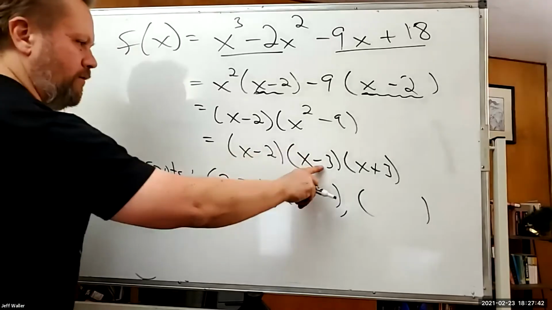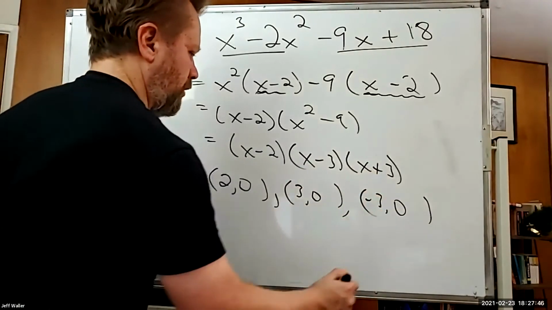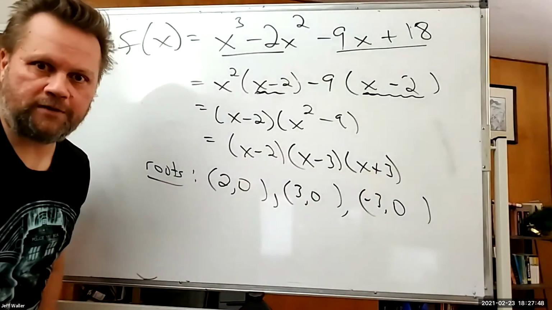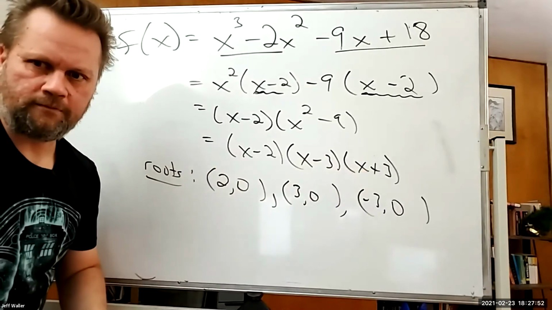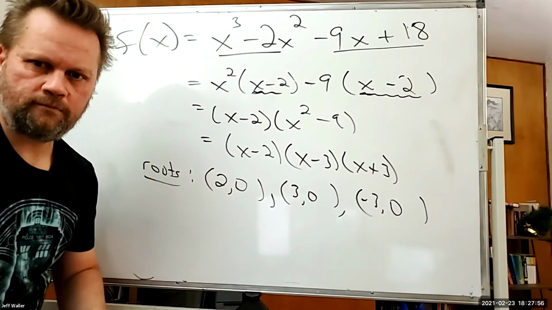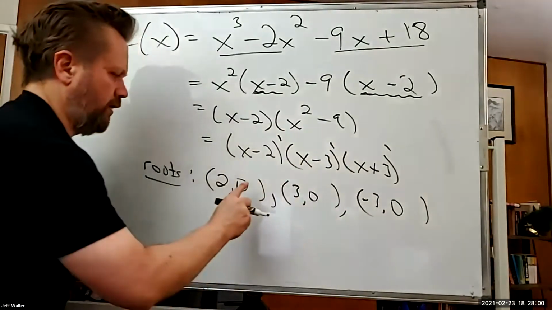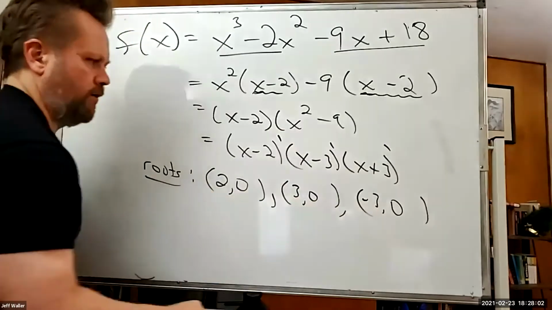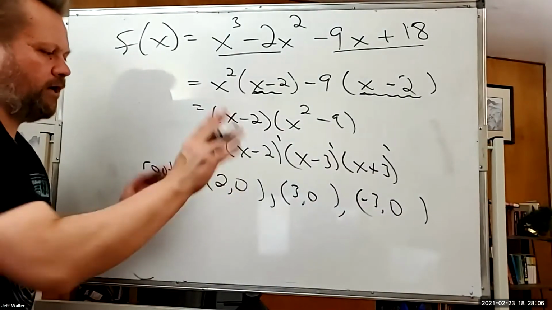Yeah. And then you got 3, 0 and negative 2, 0. And what are the multiplicities of each of those? 1. Yeah, they're all multiplicity 1. So it's going to do what at each of these? It's going to go through. I love it. All right, I'm not going to do the rest.